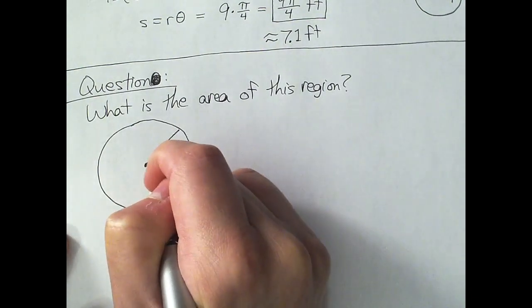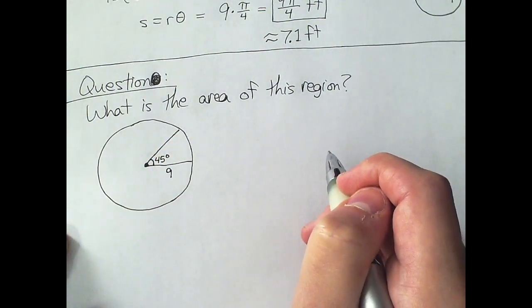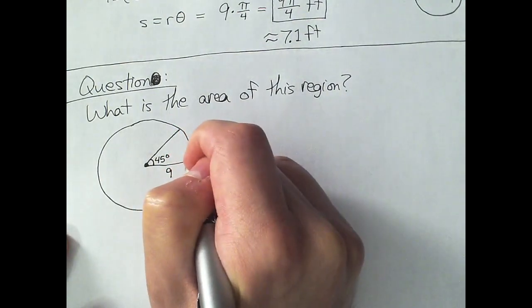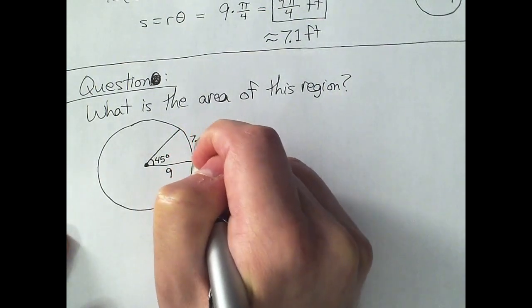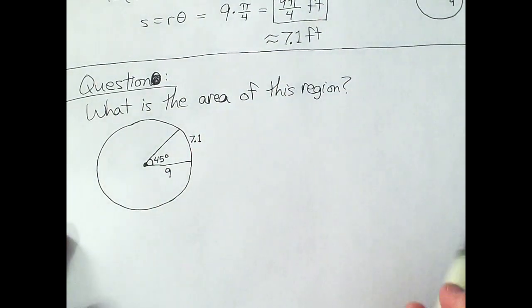I'll label this 45 degrees. And I'll round off s to just 7.1. It's actually 7.1 with some other digits, but I'll just round it off to 7.1.